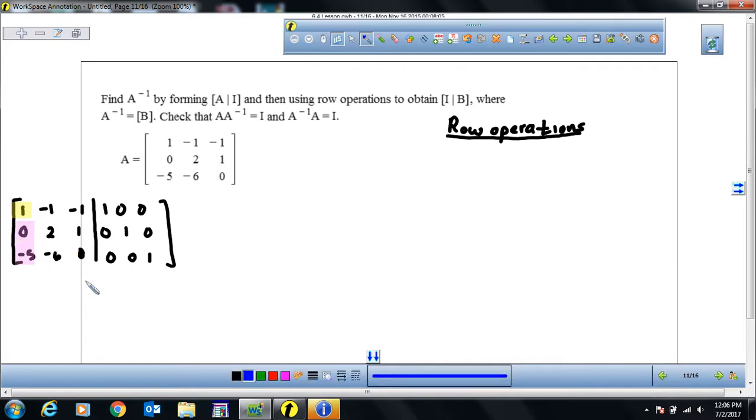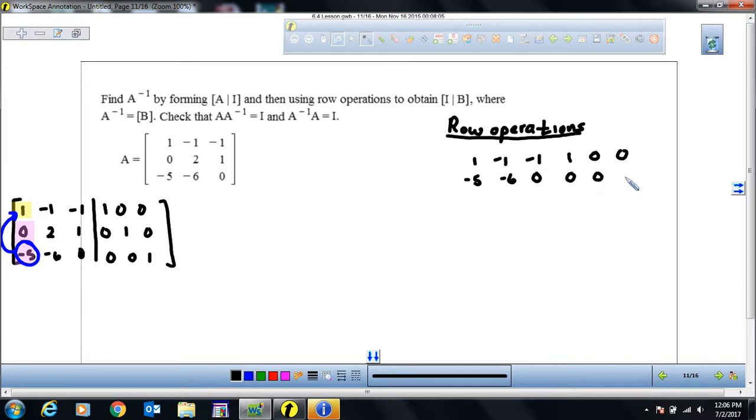Now the first one is already a 0, so we just need to make the last one a 0. Remember, we need to add it to the equation that we made into a 1. So we're going to add the first row to the last row, which is -5, -6, 0, 0, 0, and 1.